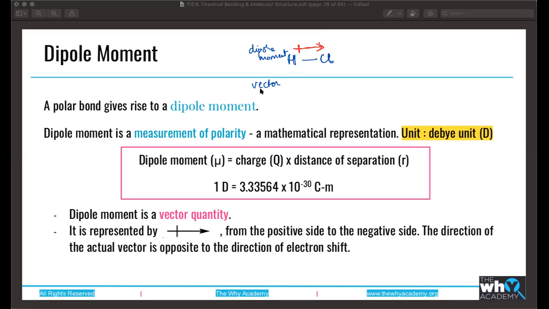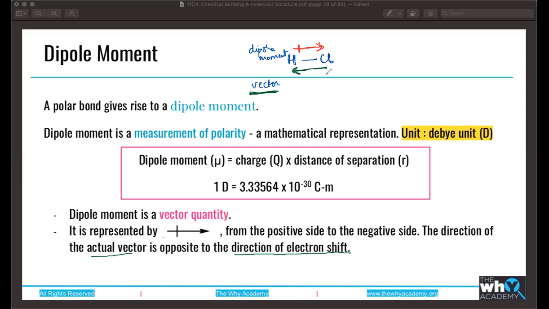So the mathematical vector, when you're trying to represent the vector quantity of dipole moment, like let's say you're plotting it in a graph or whatever, the actual vector is opposite to the direction of electron shift.